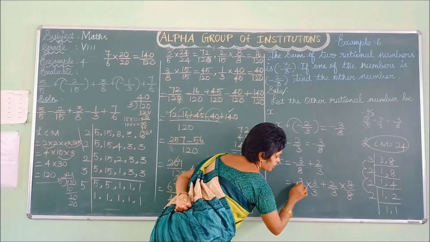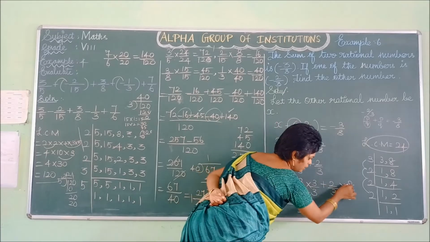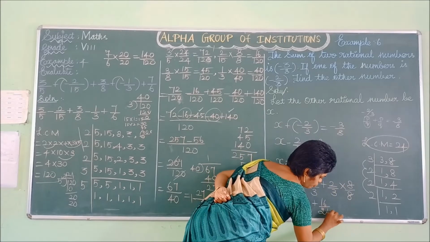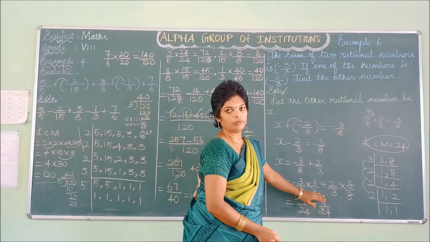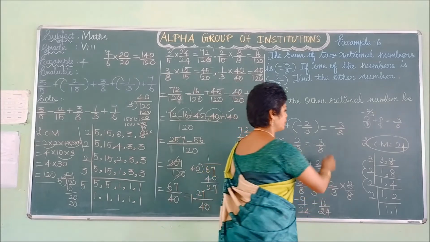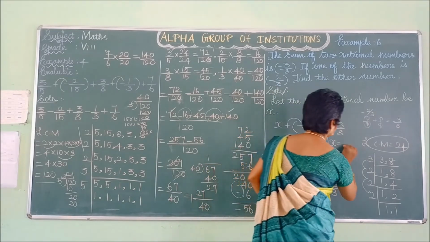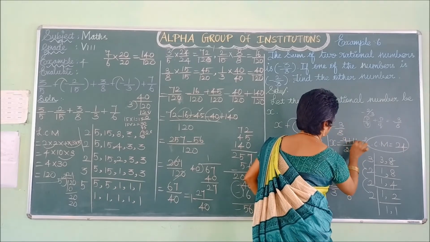So listen, 3 3s are minus 9 by 24. Then 2 into 8 is 16 divided by 24. Look carefully, both the denominators are same, but the numerators have different signs. So how to subtract the values? So x is equal to minus 9 plus 16 over 24.